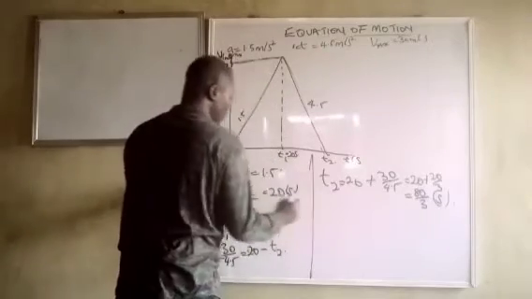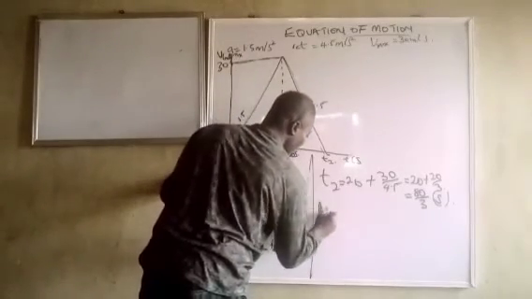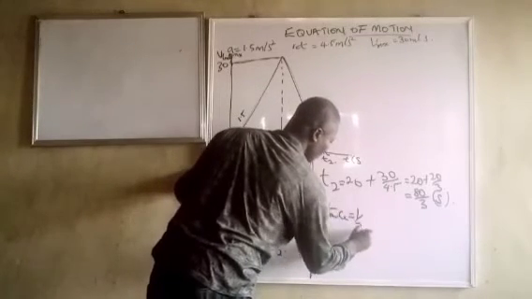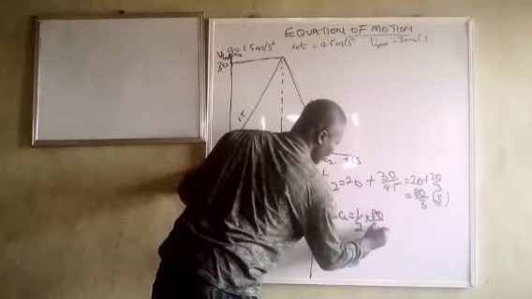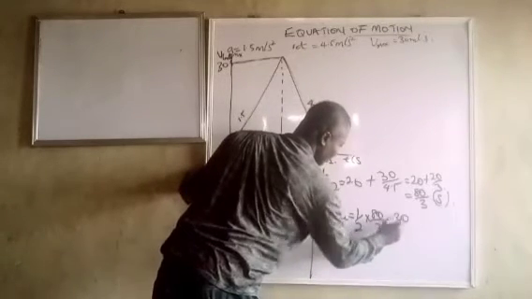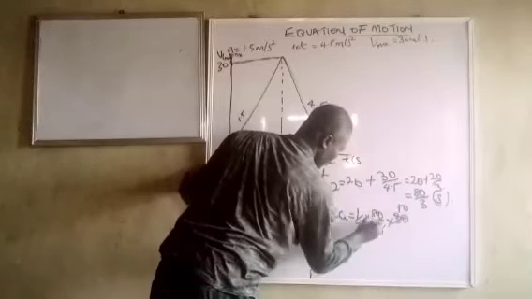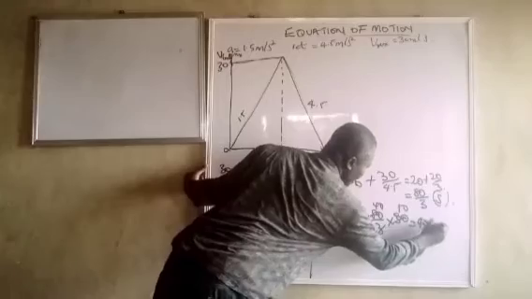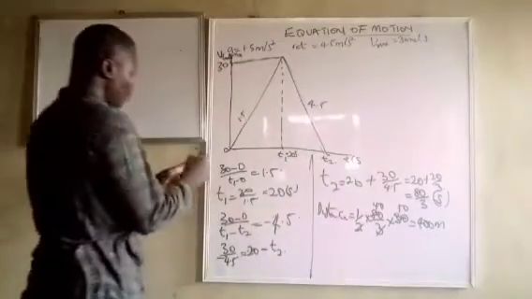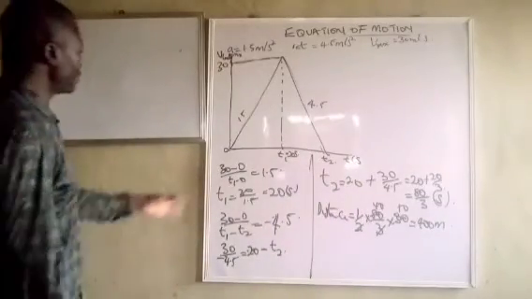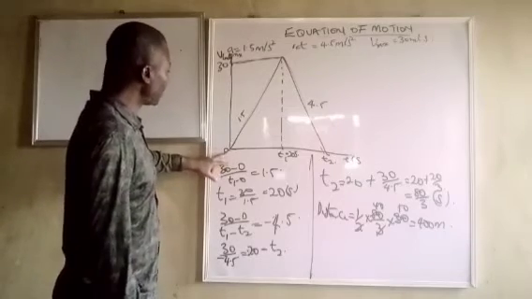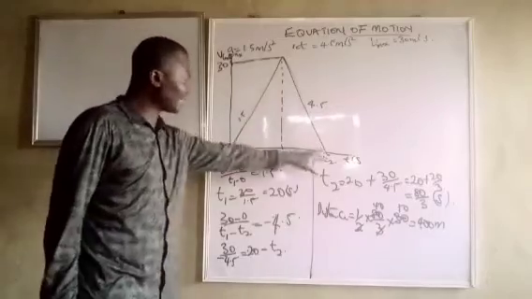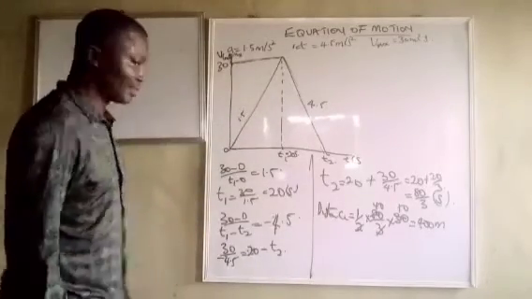like this? So, distance will be equal to half times 80 over 3 times 30, which is 400 meters. What does that tell us? That if the train should move from 0 to 30 using this acceleration and decelerate at the same time, it will exceed this.